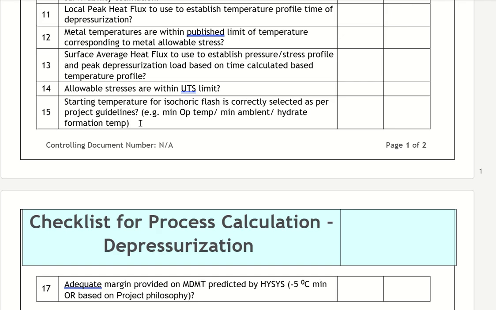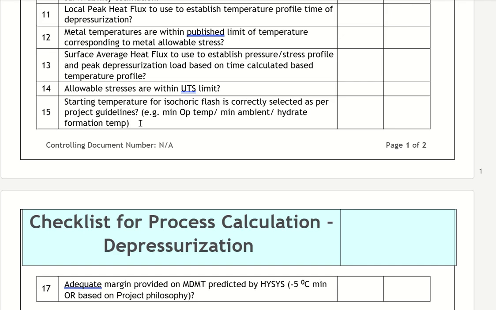In isochoric depressurization, we calculate the final pressure based on constant density, where suppose the starting pressure was 70 bar gauge and the temperature was 40 or 50 degrees C. If you keep this gas for some time, like 1 or 2 days, the temperature goes down to say 6 or 7 degrees C, and subsequently we have to calculate the pressure to which the temperature has gone down.